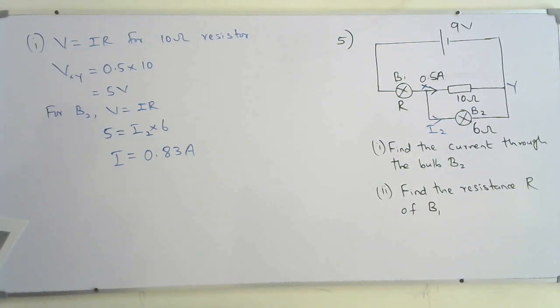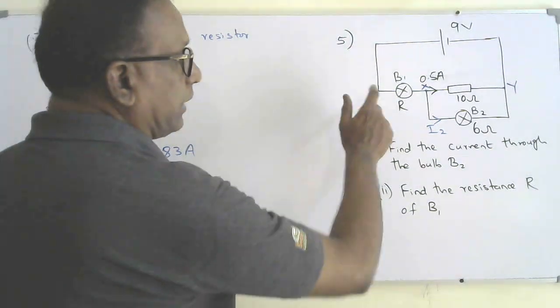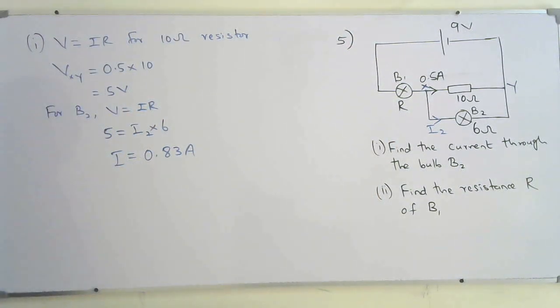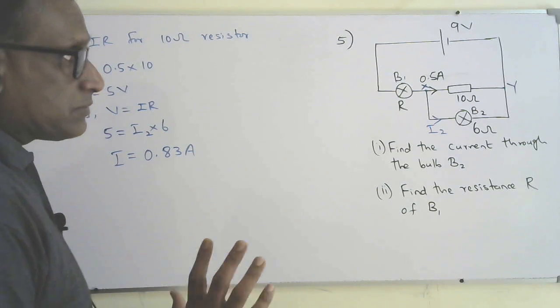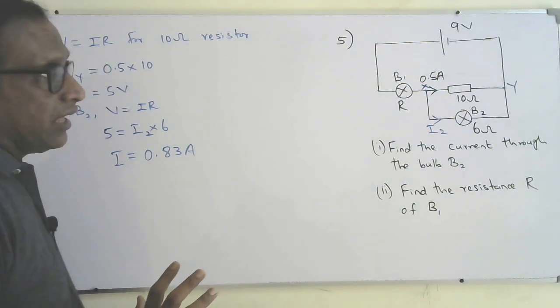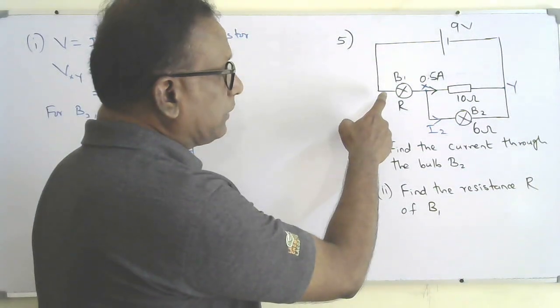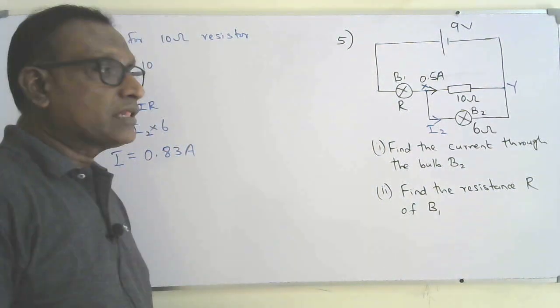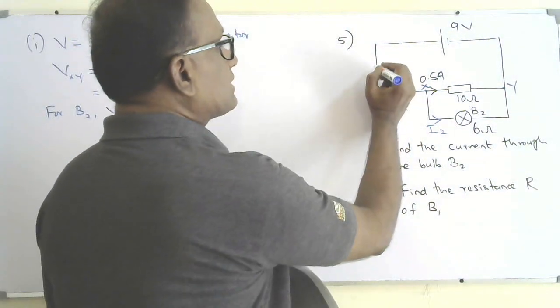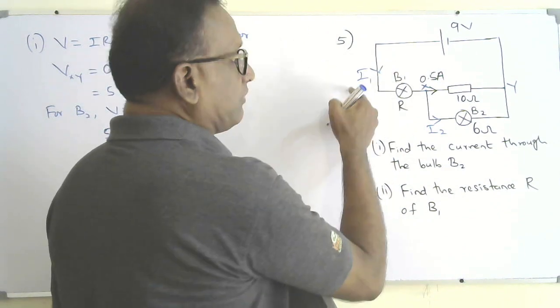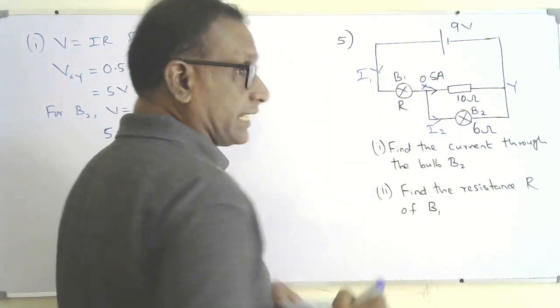Second part, find the resistance R, the resistance of the bulb B1. Here I can find the resistance R by two different methods. First method, I'm going to find the current through the bulb B1. According to Kirchhoff's first law, the current through the bulb B1, I1, is equal to 0.5 plus I2.